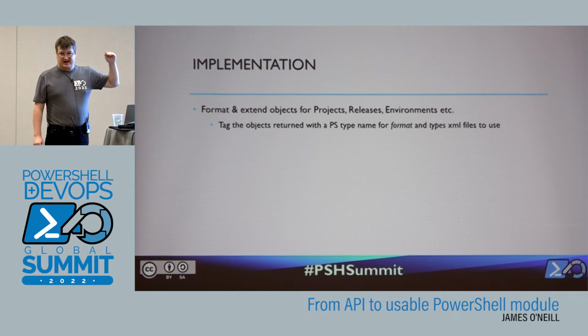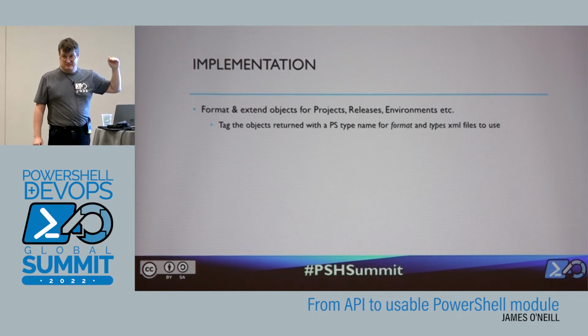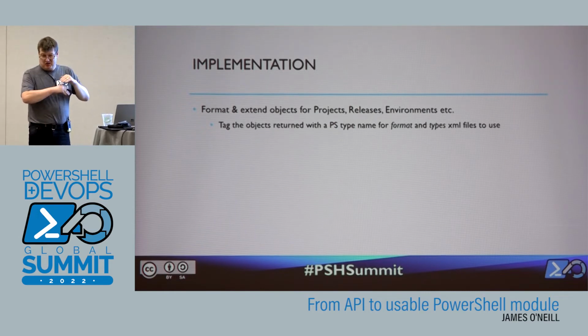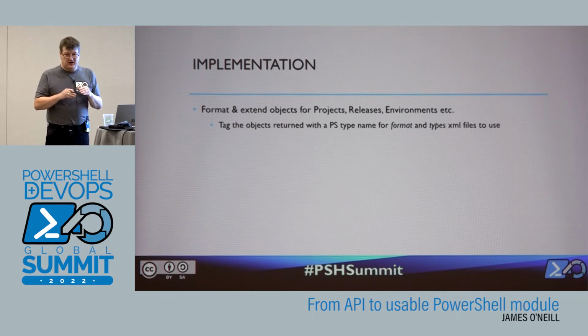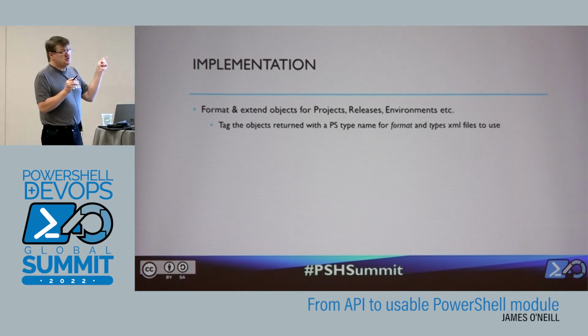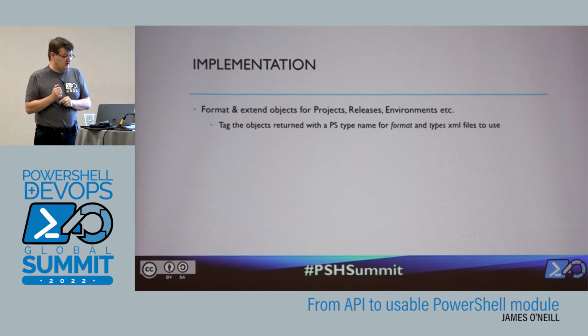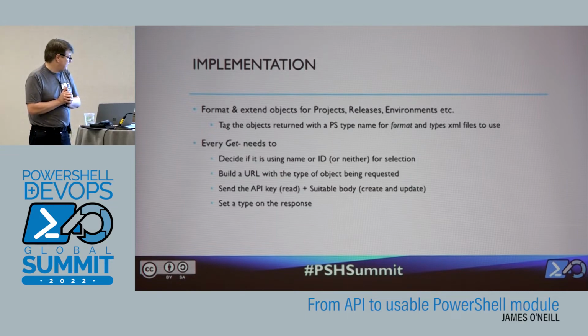So I'm going to tag that using PS type names, and then I can format that object in whatever way I like, and I can extend that object by saying, I know that an environment has these additional methods. So that idea of call an API, get a PS custom object back, and then do stuff from types and formats is one to use in other places, not just with REST APIs.